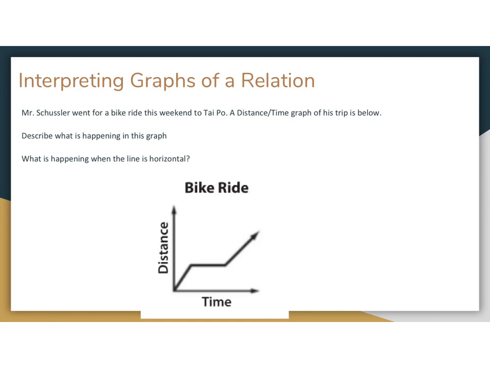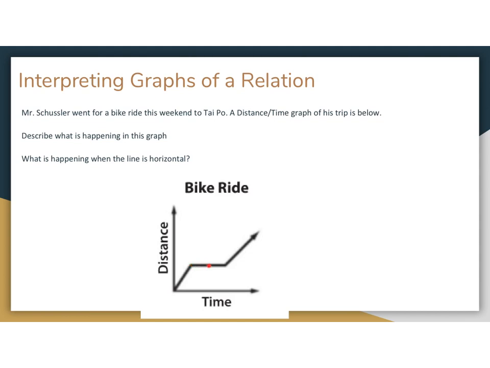So now that you've taken the time, let's go through this together. So let's describe what's happening. So Mr. Schuessler started, and then he was going at a steady pace, a steady distance away. So he was biking along, and then it looks like he got tired because his distance was no longer increasing, but the time is always moving.